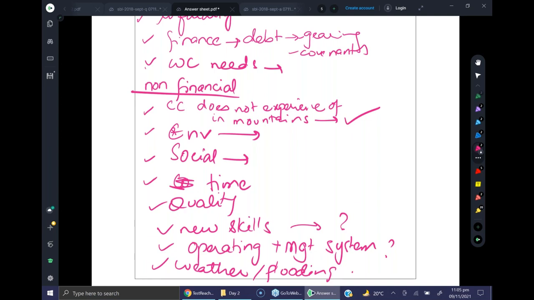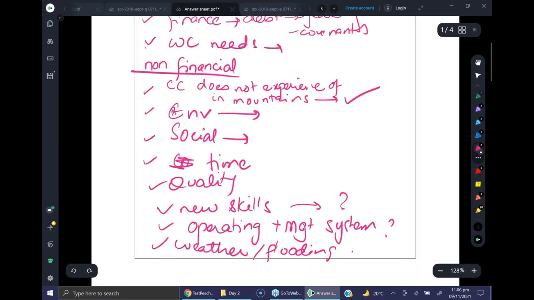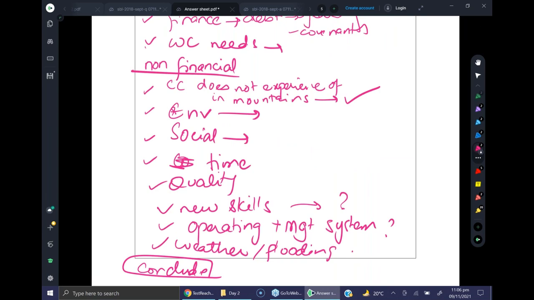I really like the way you guys are thinking. The 20 billion versus 10 billion dollars is something we discussed at the beginning of the financial aspects, and you can conclude this question nicely by saying that these are some of the financial and non-financial aspects that can affect the decision.